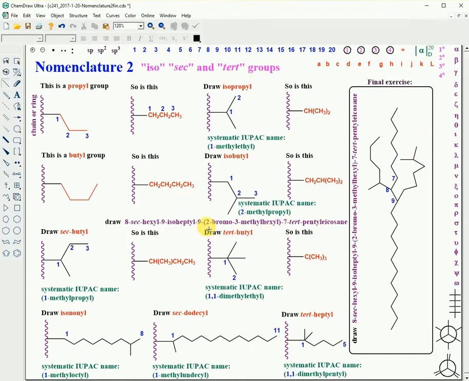Also off of 9, you're going to draw a hexyl group. That has a bromo off of the 2nd carbon. Reminder, carbon 1 is always the one attached to the chain. Bromine off of this one. And the next carbon in gets a methyl.